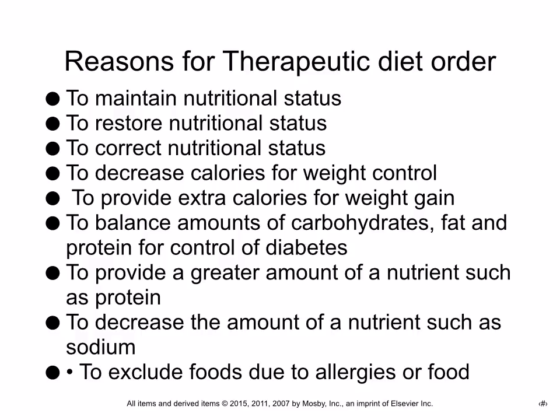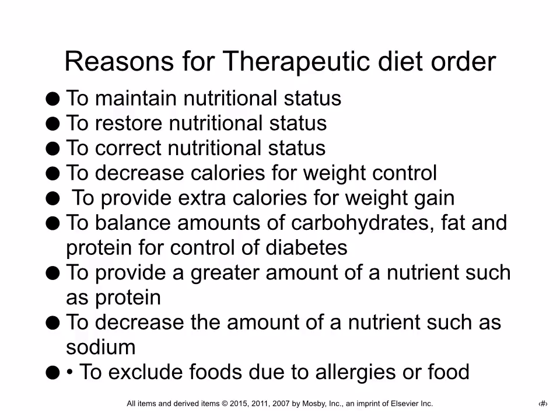To restore or correct nutritional status, I think it's more or less the same concept. To decrease calories for weight control, to provide extra calories for weight gain. These cases are also a similar concept to maintaining nutritional status.